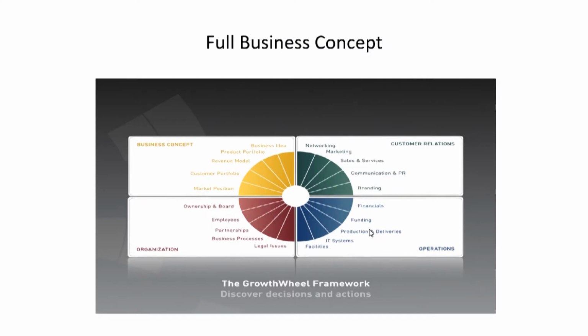This is where they take note of what they need to do to ensure that there are no damages and no loss, and by all means we try to minimize loss and ensure that all of the inventory is managed properly. That is all done under production and deliveries. Now that we are done with production and deliveries, we now move on to funding.